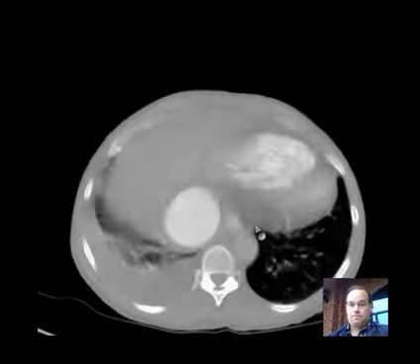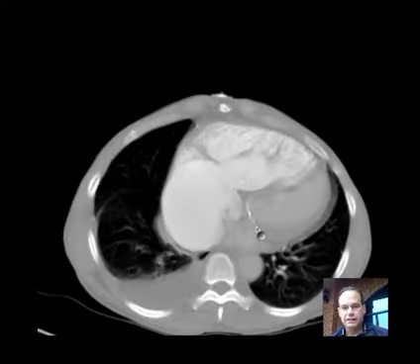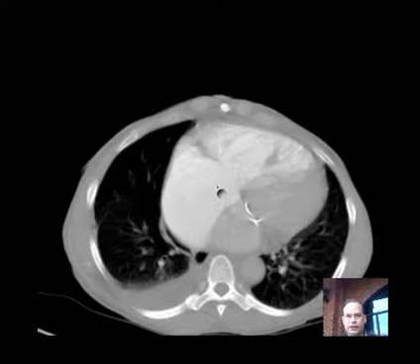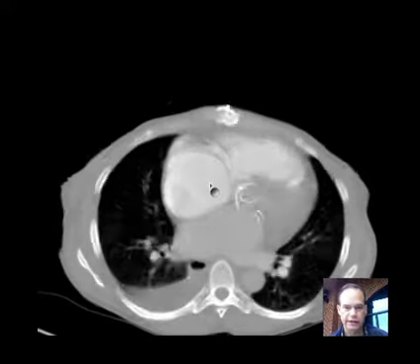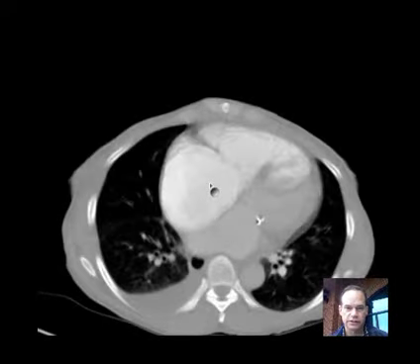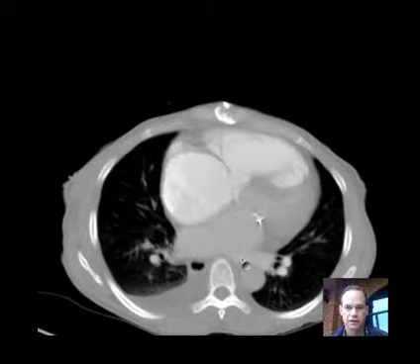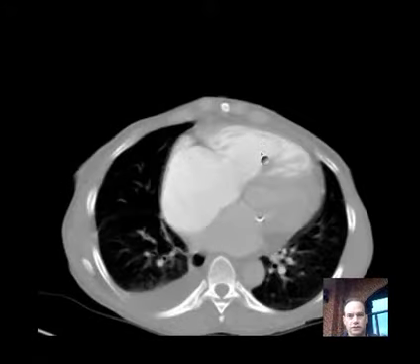So what's going on? Well, besides identifying these chambers, you notice that there's an asymmetry in that the right chambers are bigger than the left. The right atrium looks decidedly larger than the left. The right ventricle looks decidedly larger than the left.